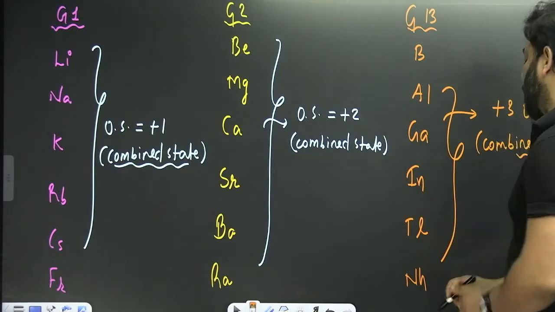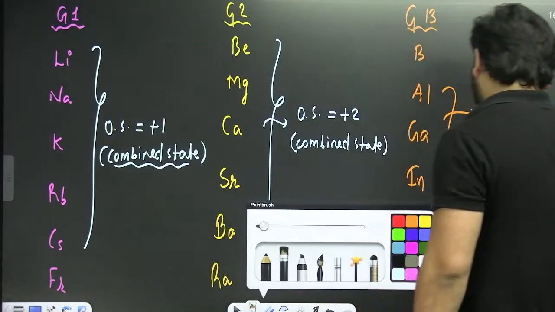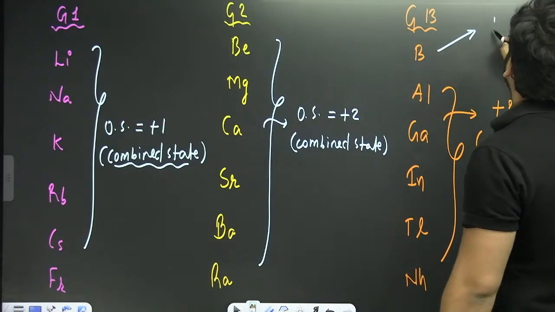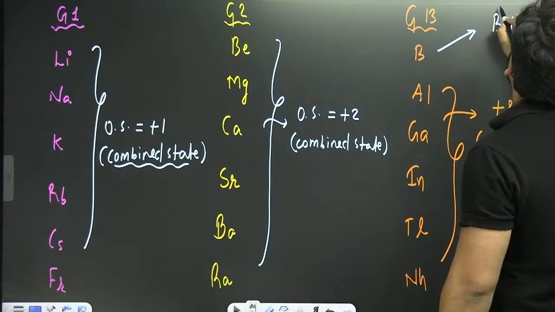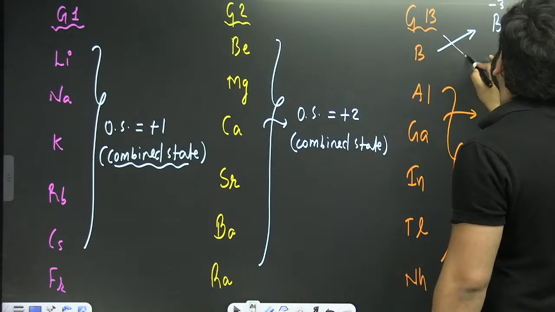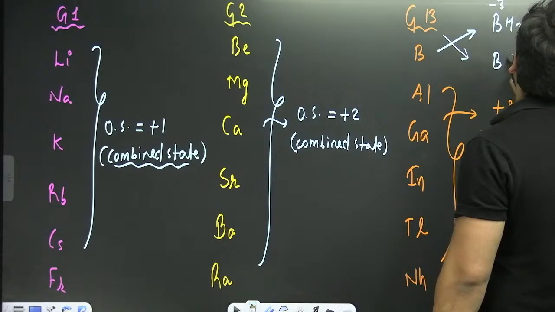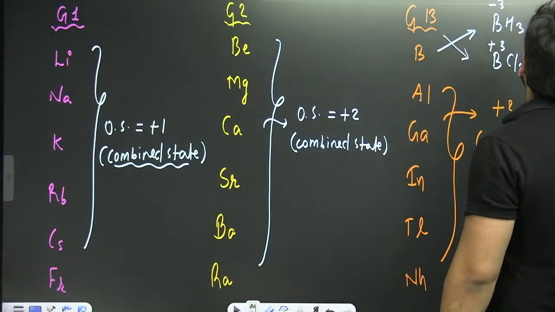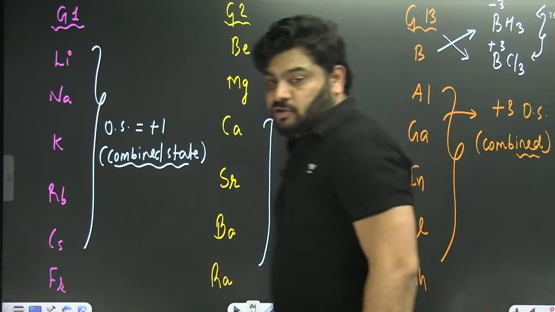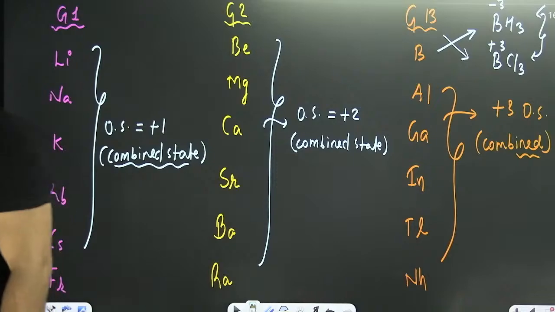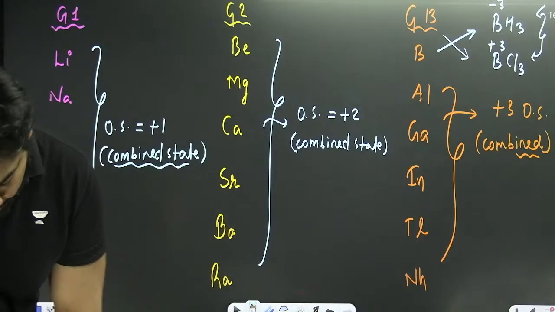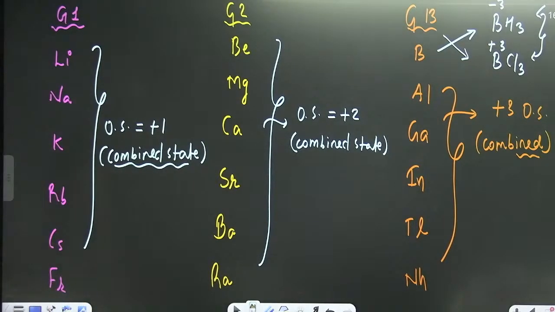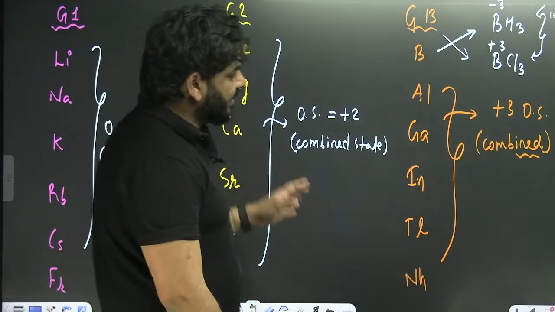But talking about boron, boron can have BH3, where boron has a -3 oxidation state. It can also apply to BCl3, where it has a +3 oxidation state. So +3 and -3 are two oxidation states that can be accepted by boron. Believe me guys, this is the most easy chapter.